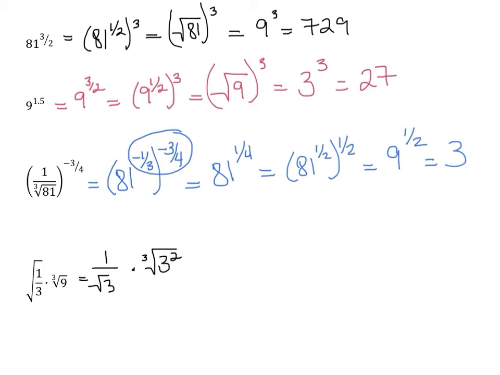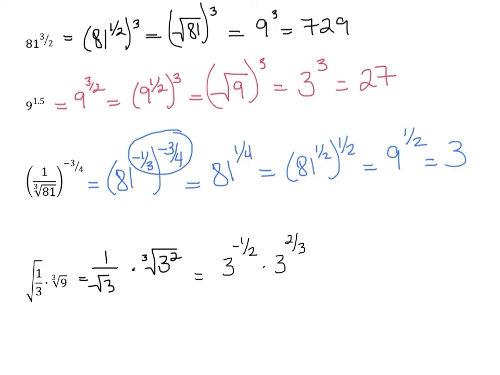So the 1 over square root of 3 is 3 to the negative 1/2 power. And then the cube root of 3 squared is 3 to the 2/3 power.